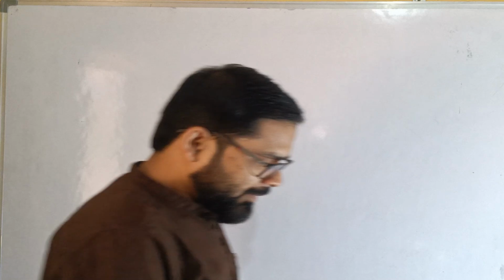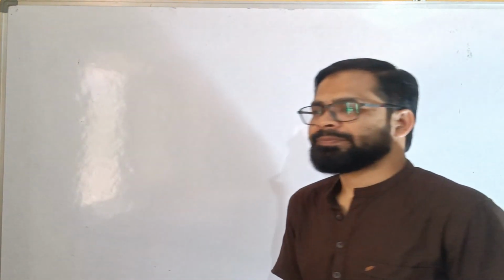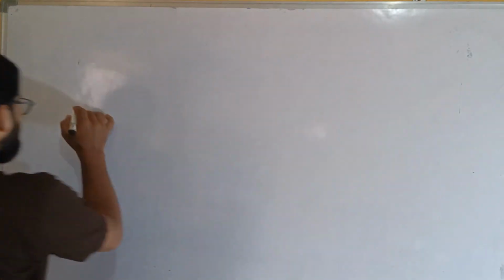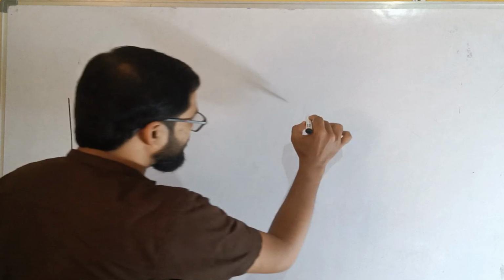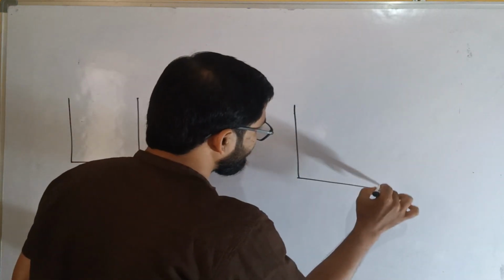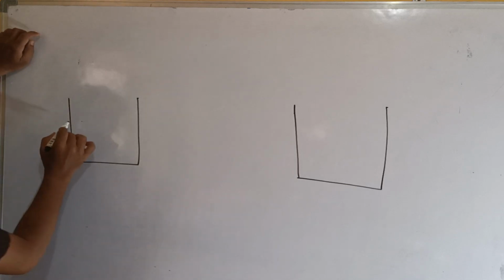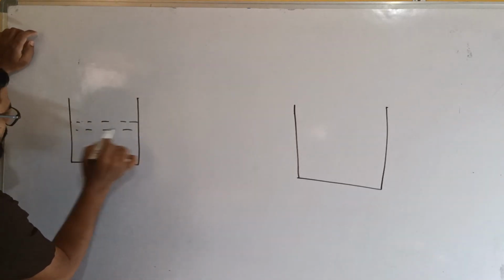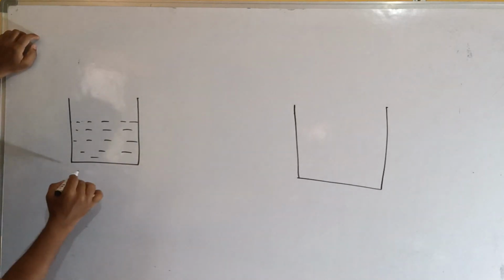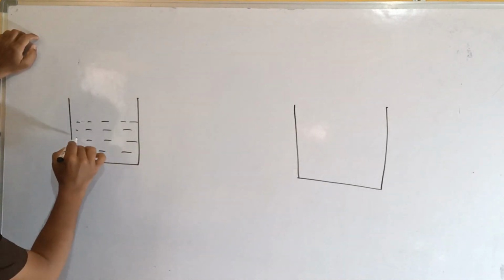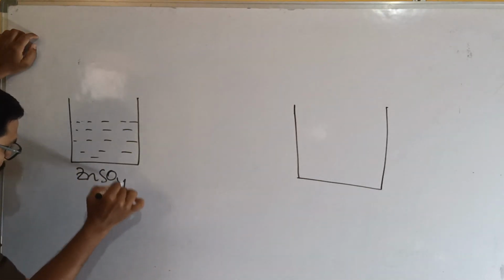So, a galvanic cell based on two half cells. One half cell here, another half cell here. On the left side, we consider a solution of ZnSO4.